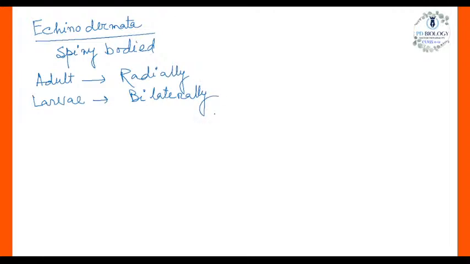Digestive system is complete in echinoderm with mouth on the lower surface. So, mouth is in their lower surface, means ventral part, and anus is on the dorsal side.